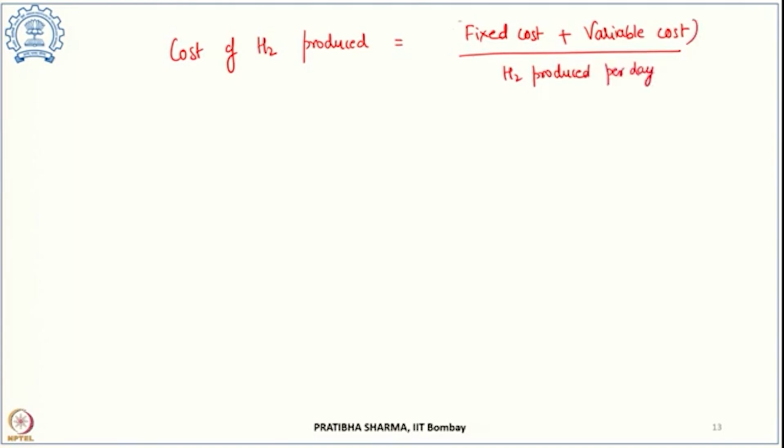Because the fixed cost is given in rupees per day and variable cost we will convert it into rupees per day. Now, first let us convert the variable cost. So, the variable cost is given as 15 rupees per kilowatt hour and the input power we have found in the earlier section as 266.4 kilowatt hour per day.